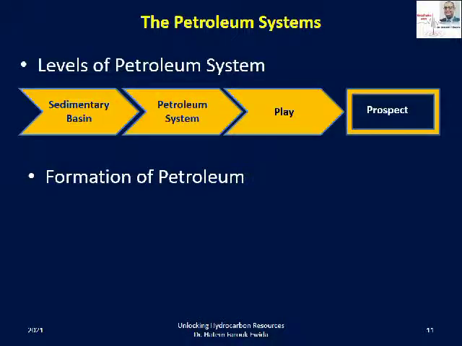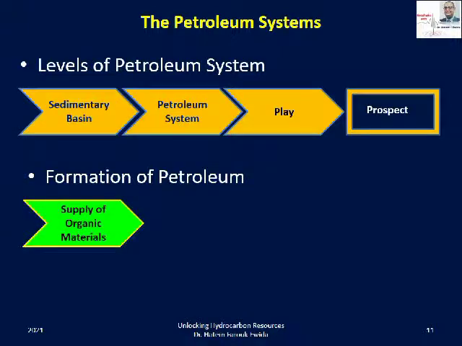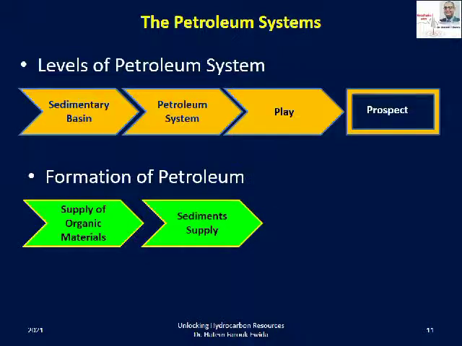Then I have to find out about the formation of petroleum. So how is petroleum formed? We should have had a supply of organic material in the geologic history. So if I have the basin and sedimentary rocks, was there a supply of organic material in this basin?